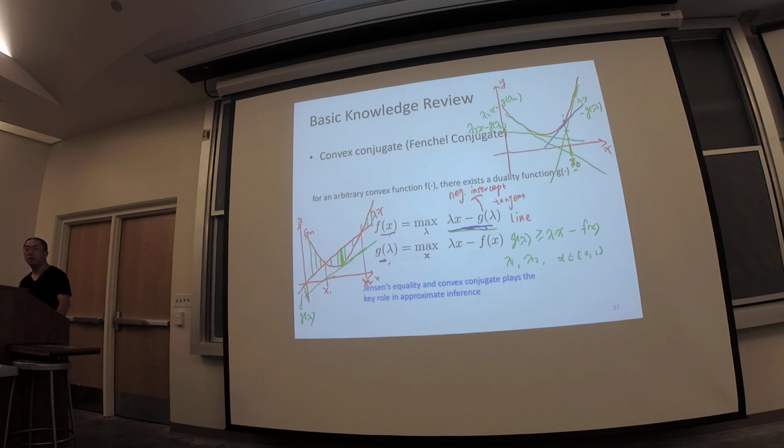So just apply this inequality. You'll get alpha times g lambda 1 plus 1 minus alpha times g lambda 2 will be no less than alpha lambda 1 x plus 1 minus alpha lambda 2 x minus fx.